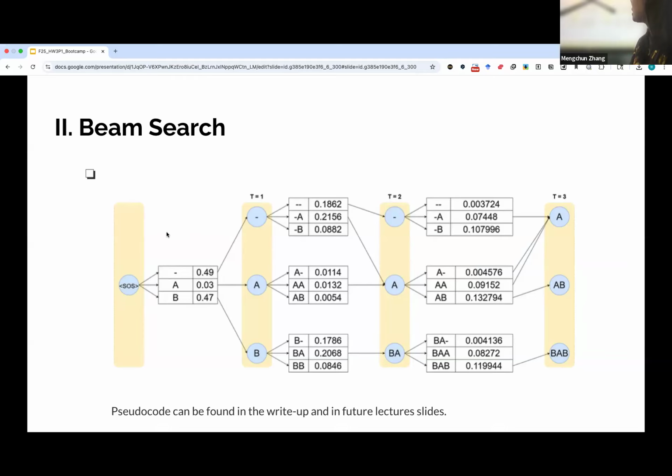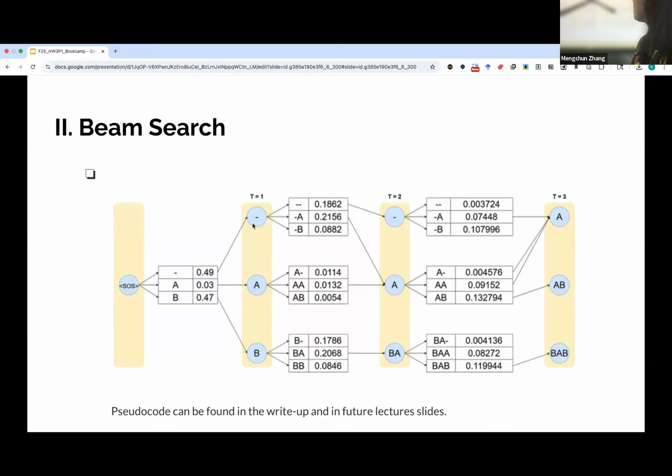We set k equal to 3, for example. So we keep the top 3 subsequences at each time step. For example, at t equals 1, we keep these 3 symbols because they are the top 3 probability subsequences. So we get blank, A, B at this time step 1.